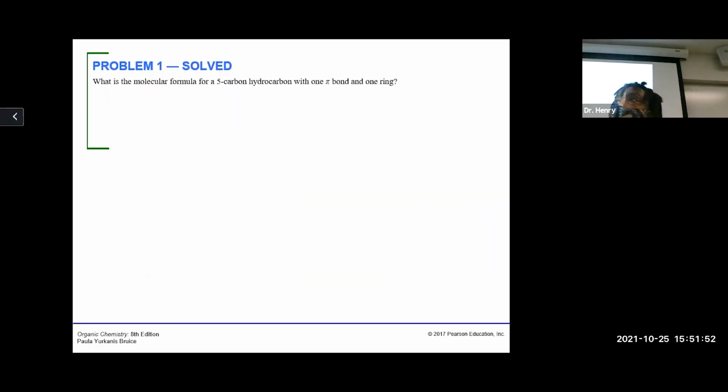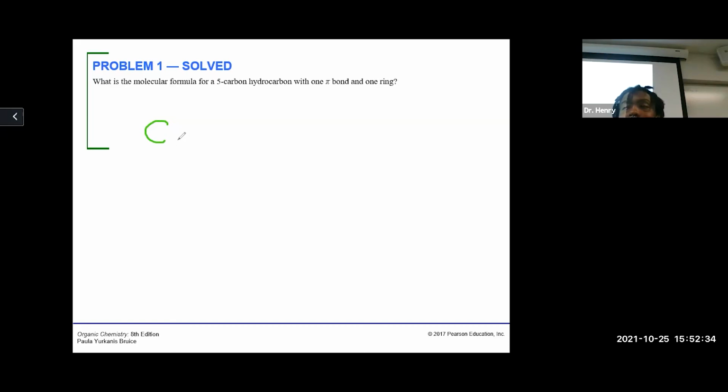Okay, so what is the formula for a 5-carbon hydrocarbon with 1 pi bond and 1 ring? C what? A 5-carbon hydrocarbon.